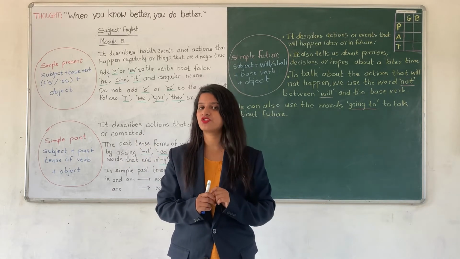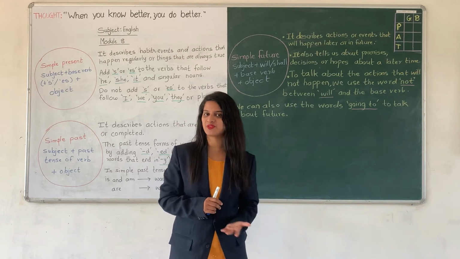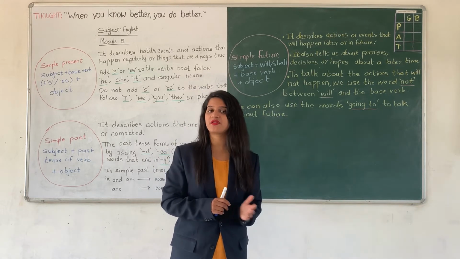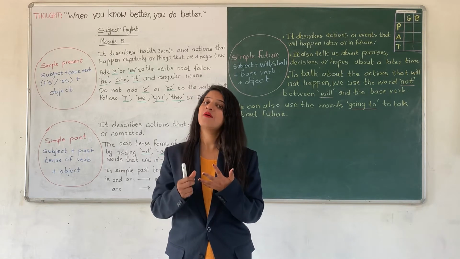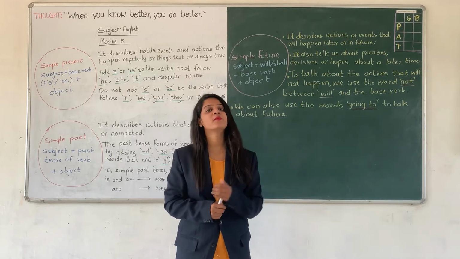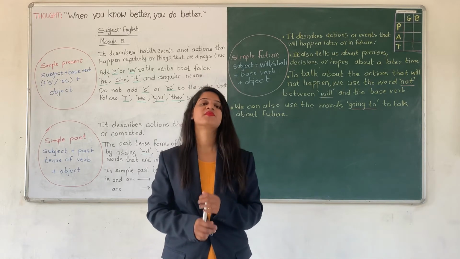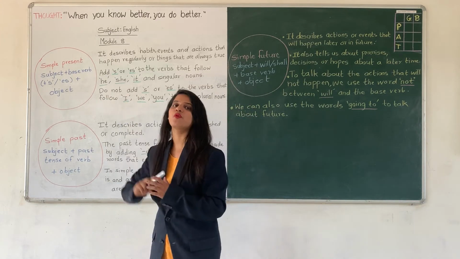Why haven't we mentioned only verb? Because there are many types of verbs, right? We have seen in our previous sessions helping verbs and modal verbs. So that's why I have mentioned base verb over here.